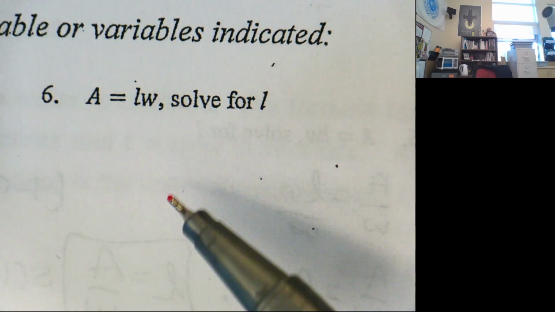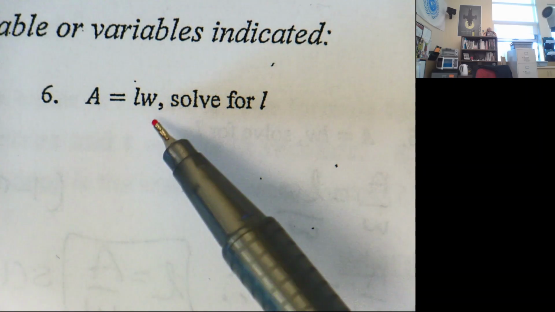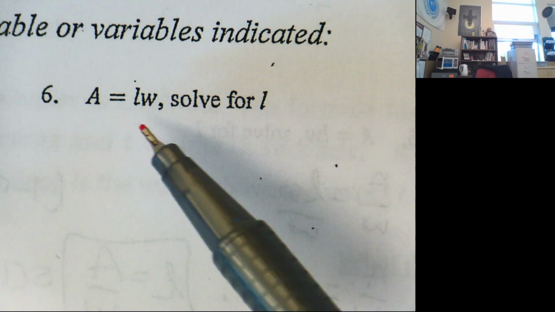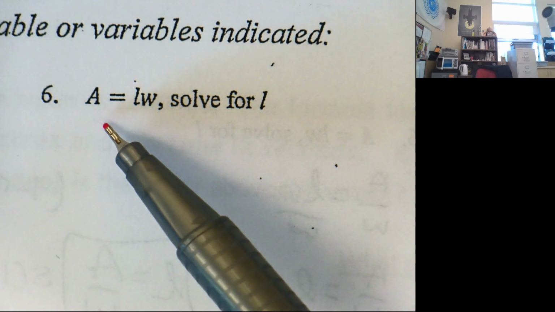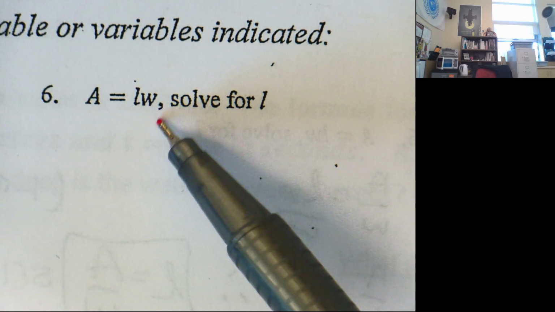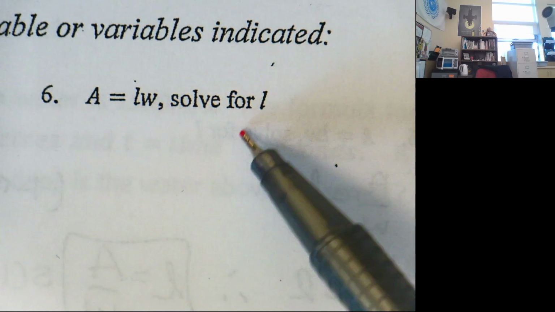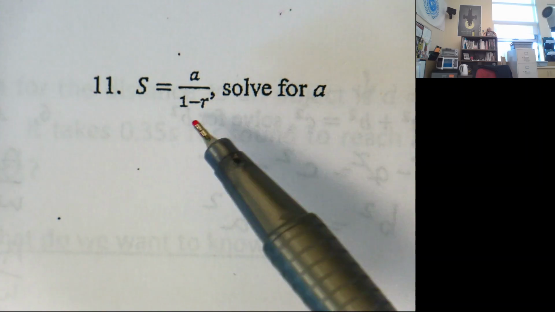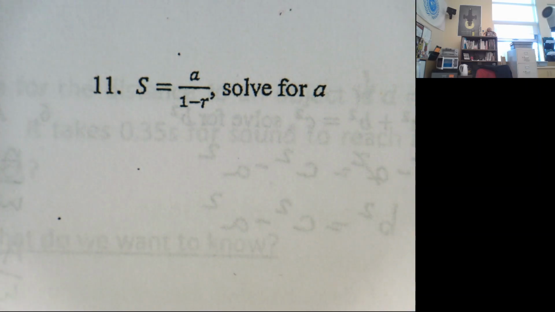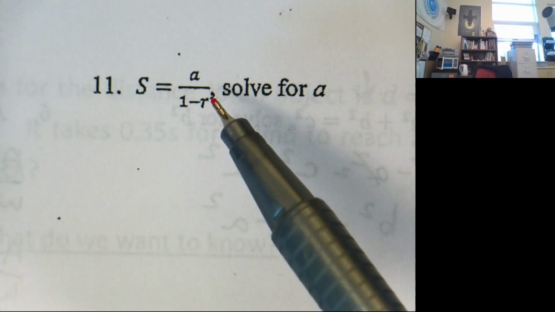If you look how question 6 is written, question 6 says A equals LW. That's an expression you're familiar with. This is the expression for the area of a rectangle. Area of a rectangle is length times width. Then it says comma, solve for L. So it gives you an equation, and then it gives you instructions. Question 11, 12, 13, 14, and 15, the way it's written makes it look like this comma is actually an exponent.